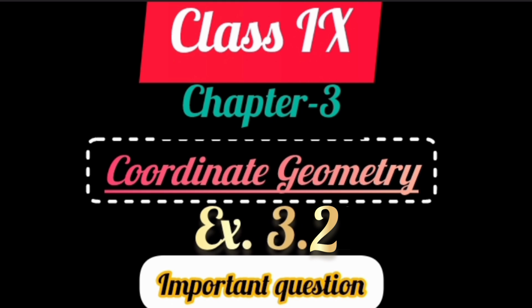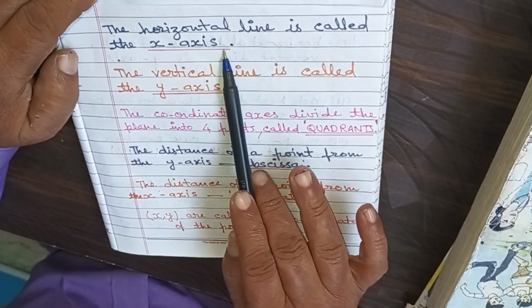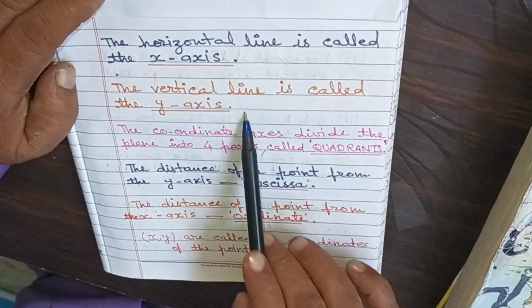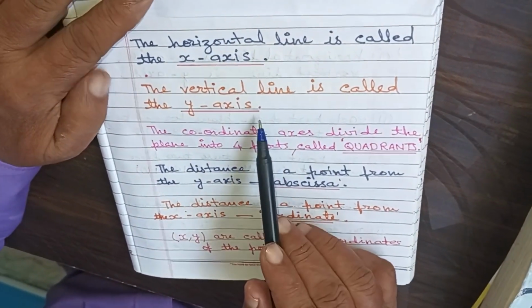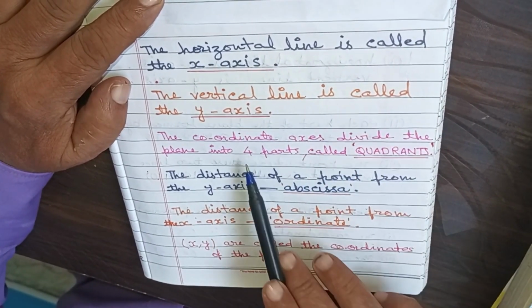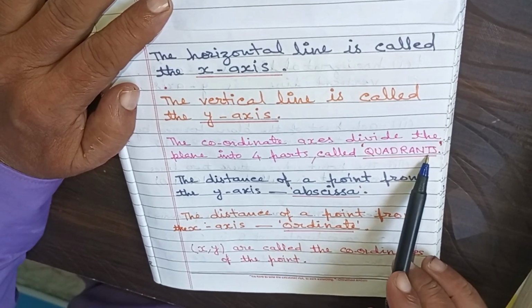Let's start. The horizontal line is called the x-axis. The vertical line is called the y-axis. I have explained in previous video also. The coordinate axes divide the plane into 4 parts called quadrants.